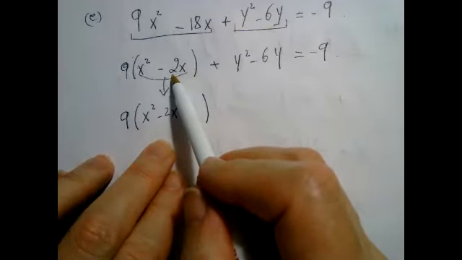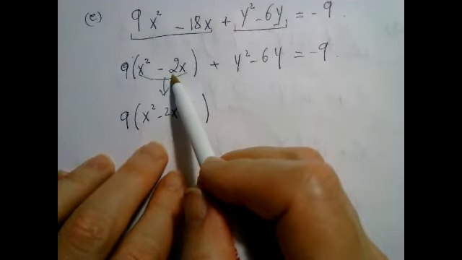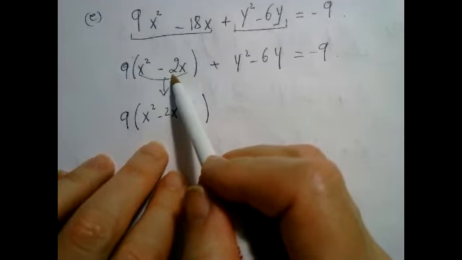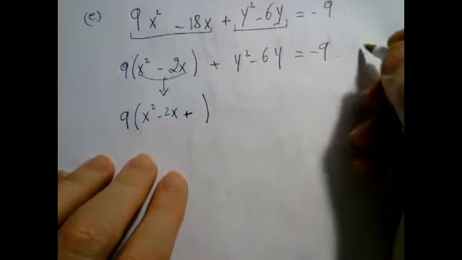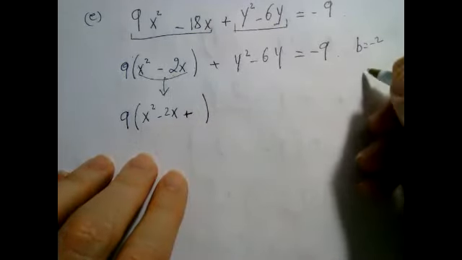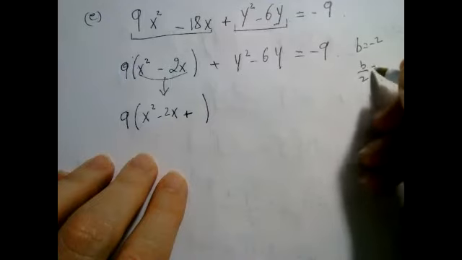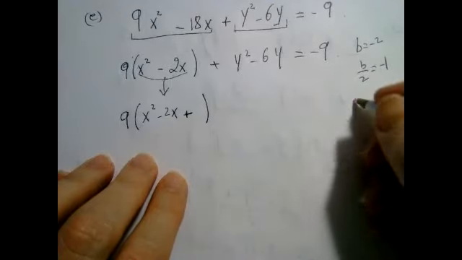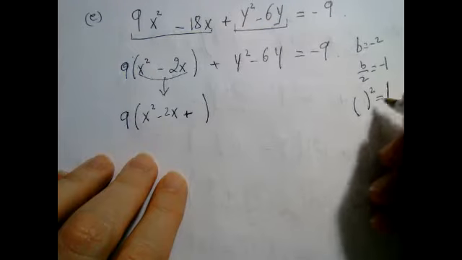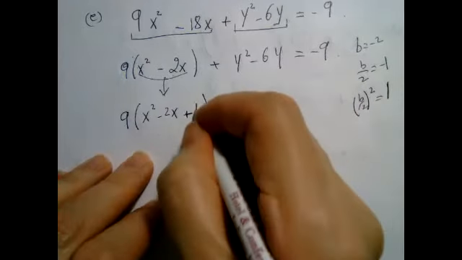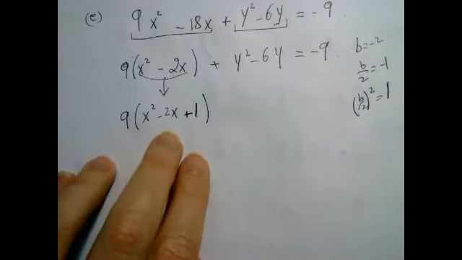Negative 2. You divide by 2, you get what? That's the b here. The b is negative 2. You divide it by 2, you get negative 1. You square it, you get 1. What you add is 1 to this expression.